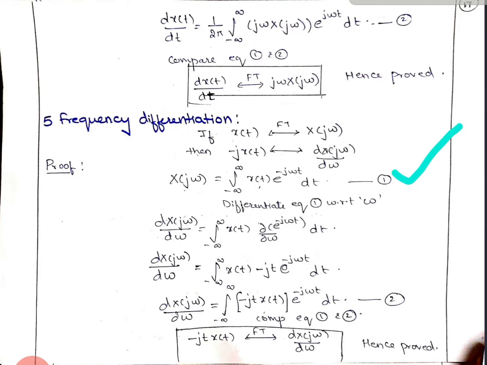Now differentiate this equation with respect to omega. d by d omega of x of j omega is the integral from minus infinity to plus infinity of x of t, and differentiating this term with respect to omega we get minus jt e raised to minus j omega t dt. Now if you compare this equation with the first equation, therefore the Fourier transform of minus jt x of t is d by d omega of x of j omega, hence proved.